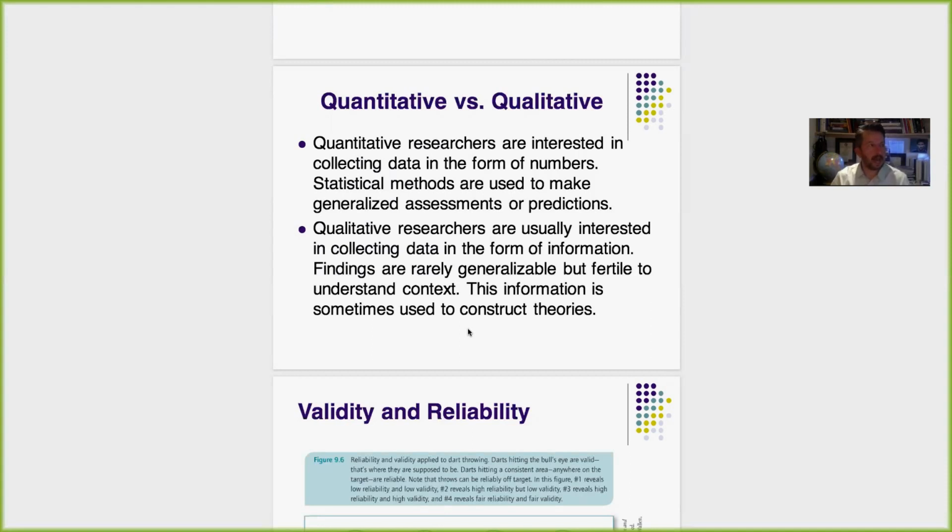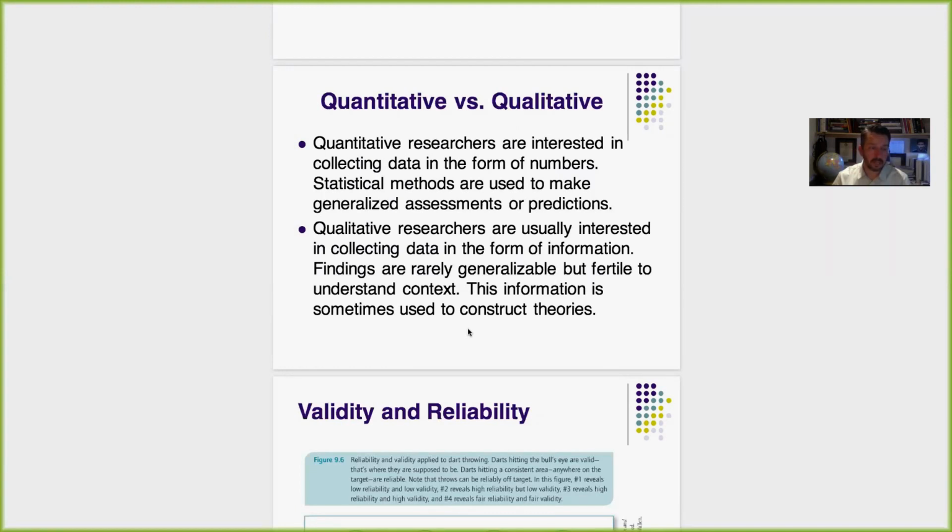So if we get data that says, say, 70% of a certain population are not college ready once they graduate from high school, well, you want to know why. Why is that the case? To answer those questions, you can't just look at numbers. You have to go in and find out what's going on there. And that's where you would have case studies.